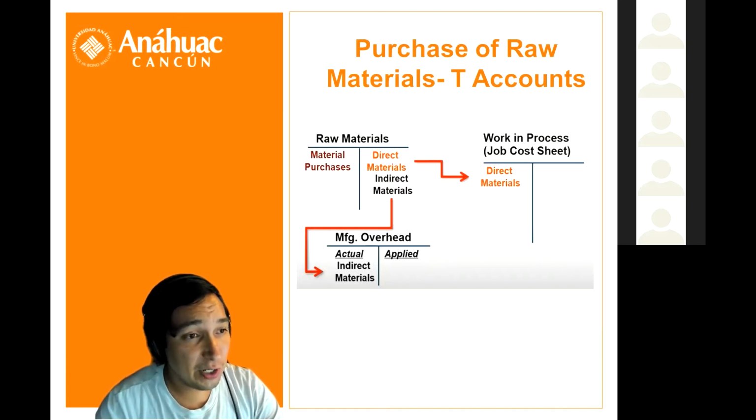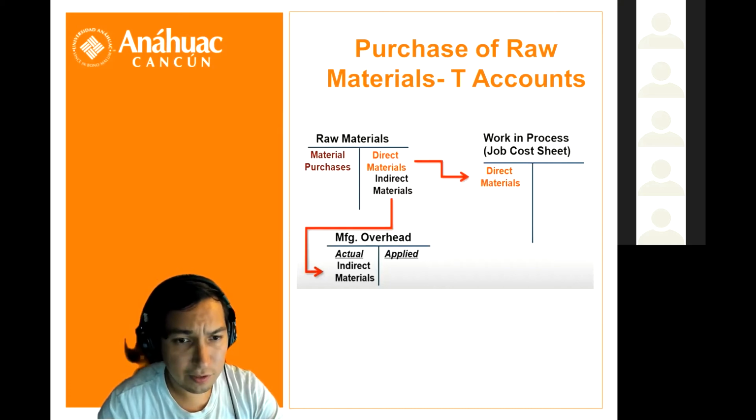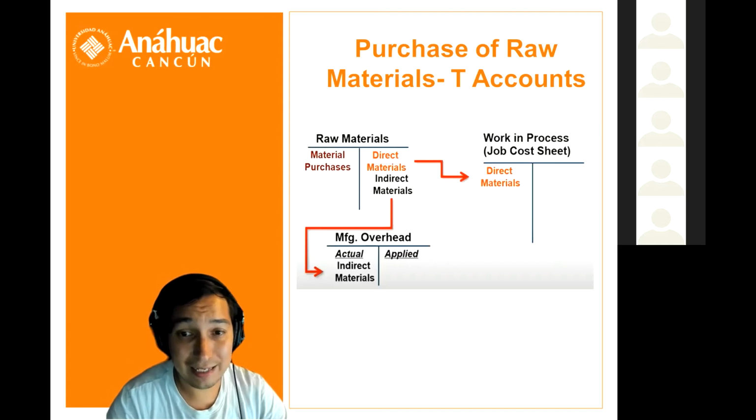Then we are going to requisition materials for work in process, because we're going to requisition that into our jobs. So direct materials are going to go into WIP, and then indirect materials go into MOH. Remember, MOH acts like an asset for debits and credits in terms of our journal entries and T accounts.